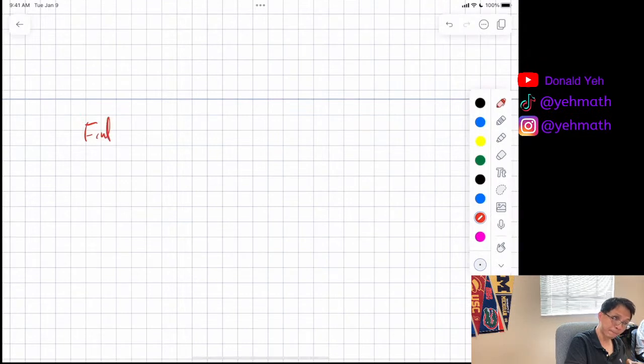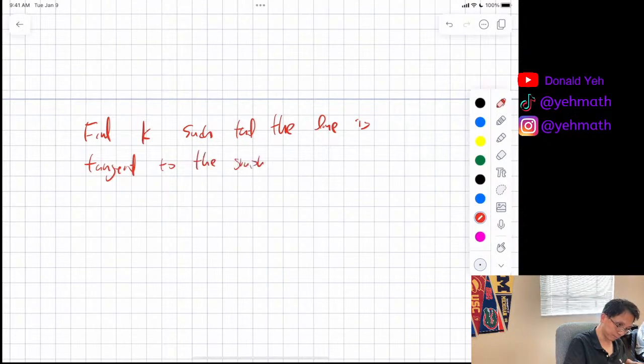Find k such that the line is tangent to the graph of the function. The function is f of x equals k minus x squared, and the line is y equals negative 6x plus 1.